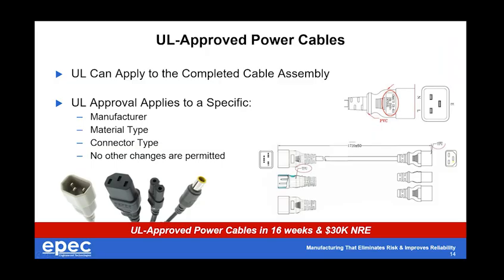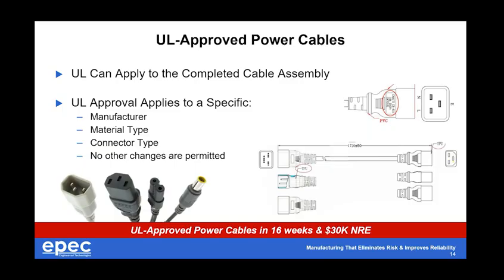So in addition to the UL approval that applies to either a single conductor or a multi-conductor wire, there are options to obtain UL for the entire finished cable assembly. This is most commonly done for power cables and other types of safety critical applications.